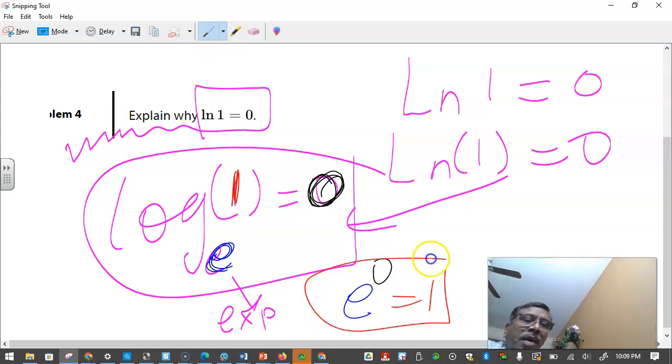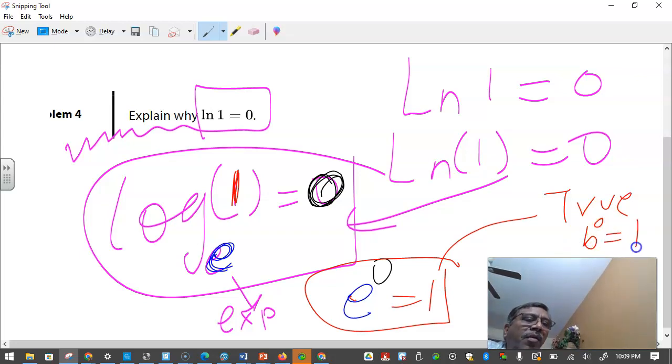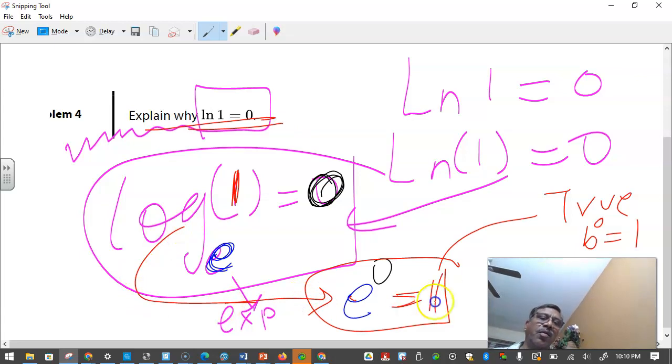See? And this is true. Why is this true? Any number raised to 0 is always 1. That means b raised to 0 is 1, no matter what. And that's why the question will explain why this is 0: because when it changes, e raised to 0 is 1. That's why.